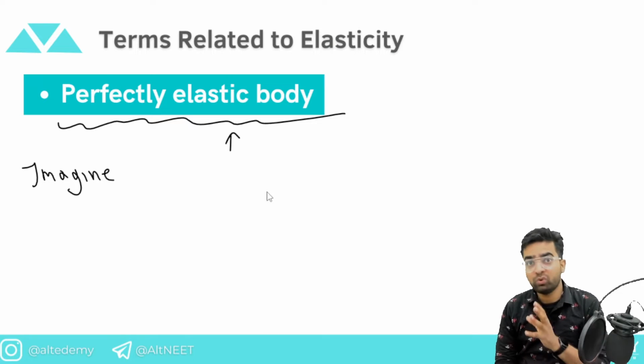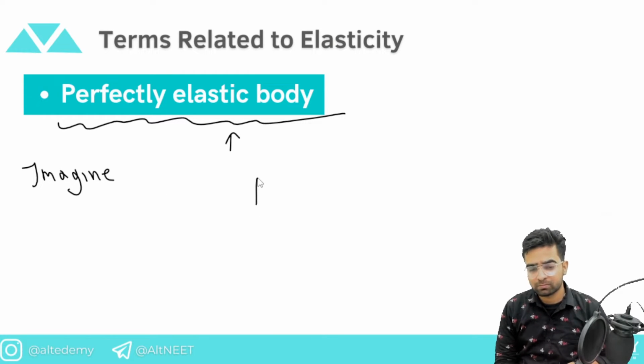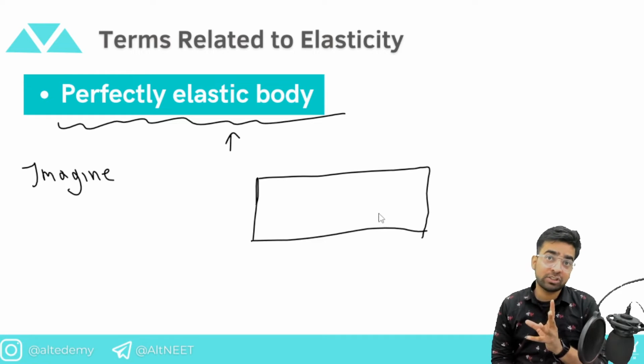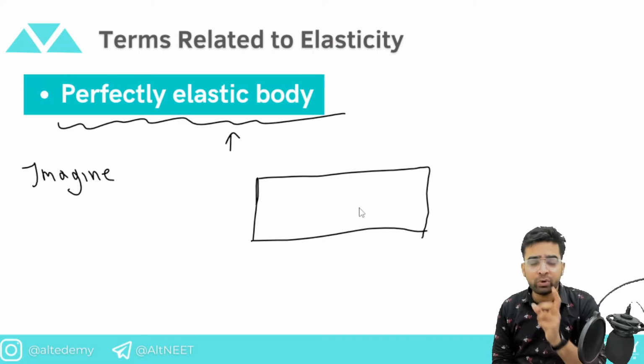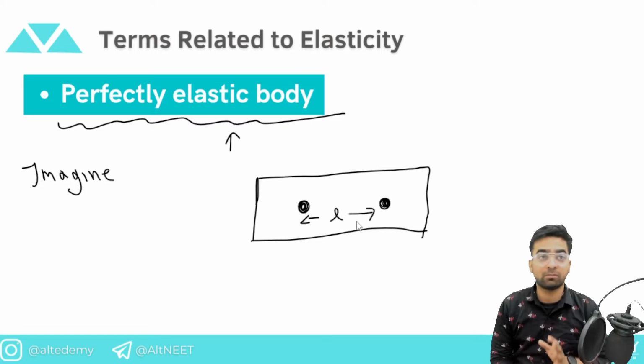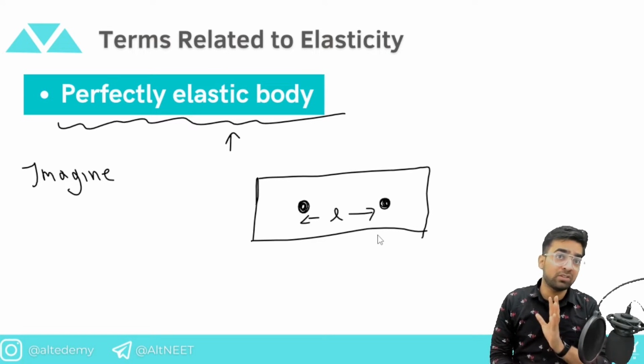You have a solid like this, in which you have marked two atoms, atom A and atom B, and the distance between them is L.